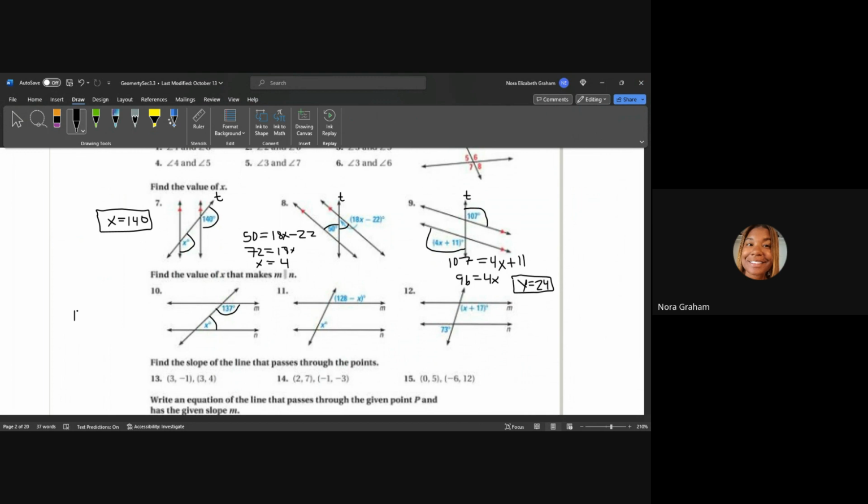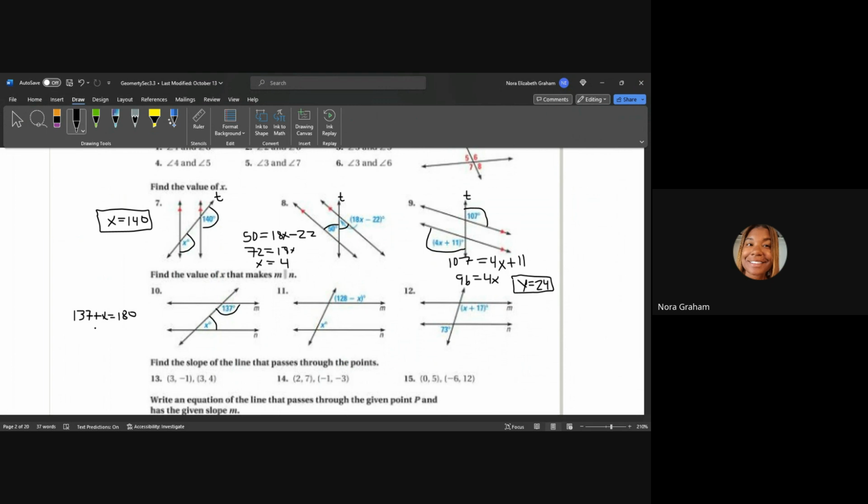So the equation that we would set up here is 137 plus x equals 180. Okay. And then we would solve from here. Again, using basic algebra, I do 180 minus 137.